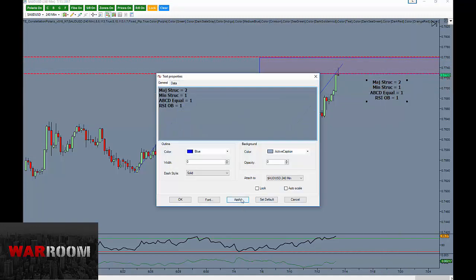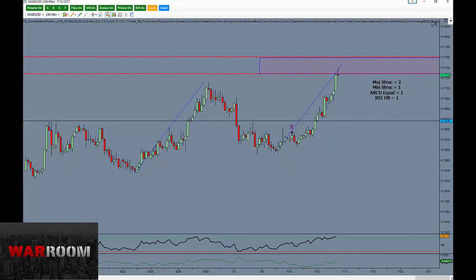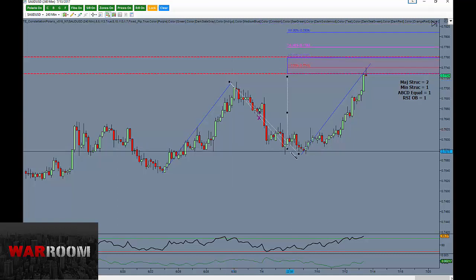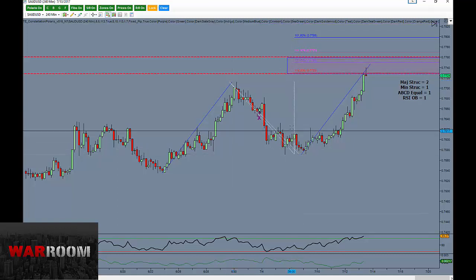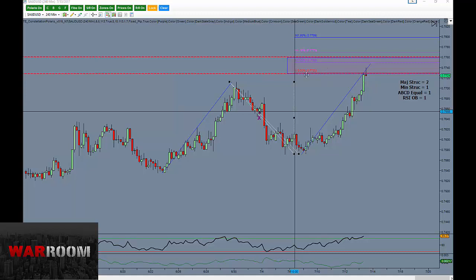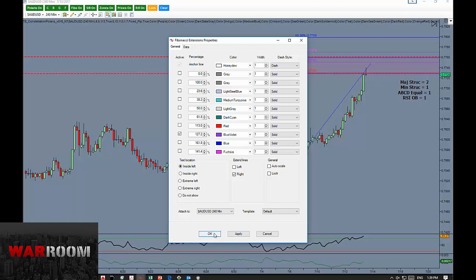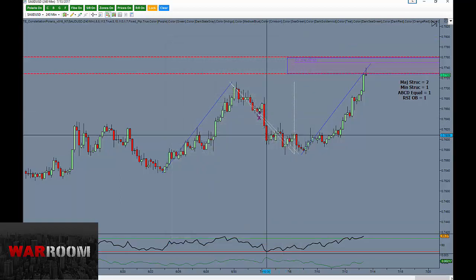What I'd also mention is if we bring on our fib extension and use it as an inversion, we can start to build out a fib cluster. So fib confluence, you can see we've got a 127 extension up there. Let's see if we've got any other fib ratios. Obviously 127 is a major extension ratio.